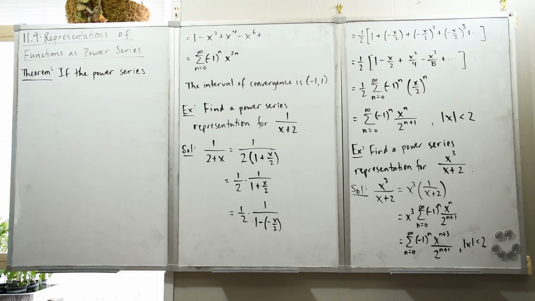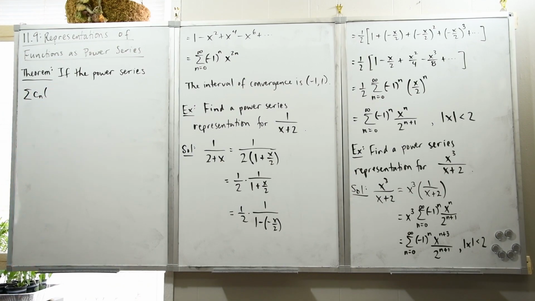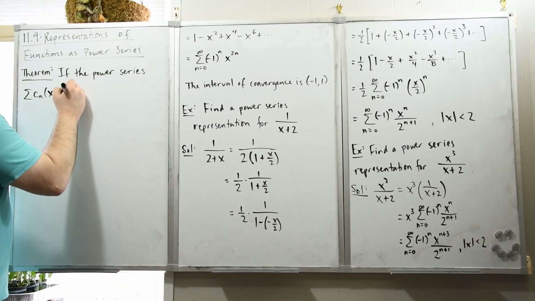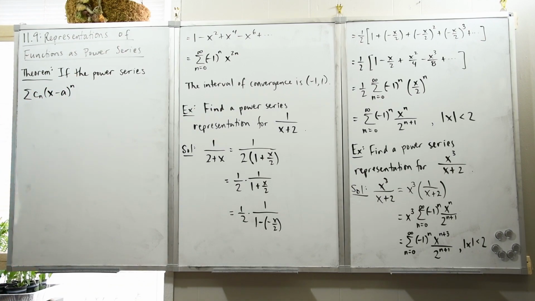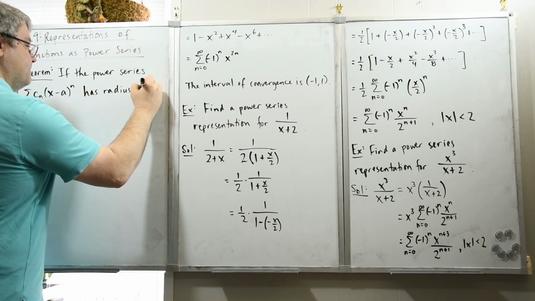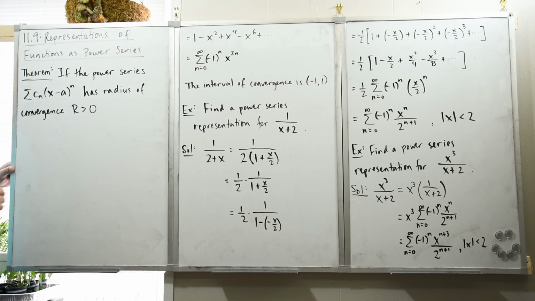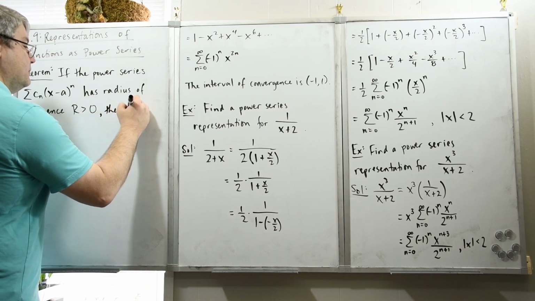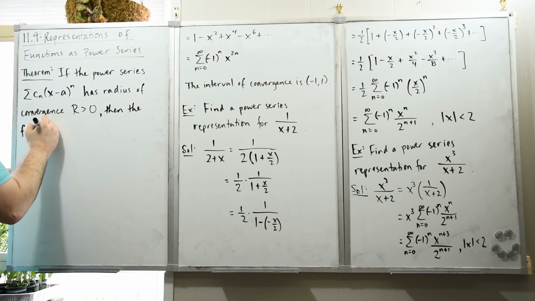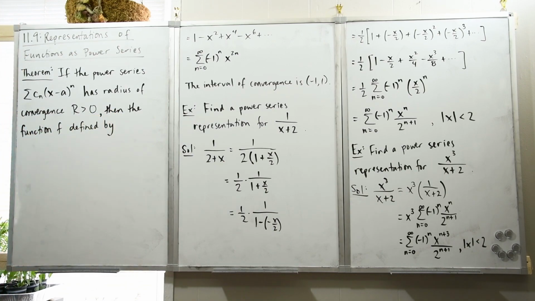So if the power series, so we'll have the summation, we'll have c sub n times x minus a raised to the n, so a power series centered at a, has a radius of convergence that's positive, then the function f defined as follows.